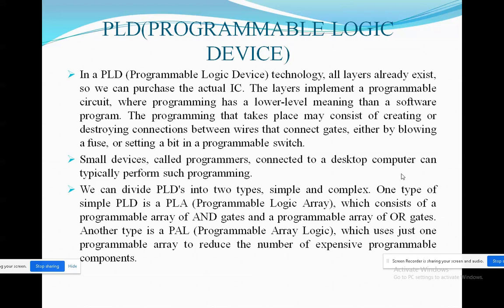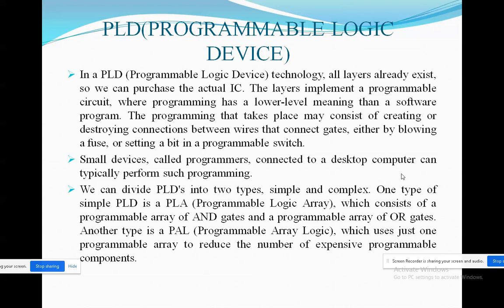Here we are going to divide the PLD into two types. One is simple and the other is complex. Under the simple type you have two further types, that is PLA and PAL. PLA is programmable logic array, PAL is programmable array logic.